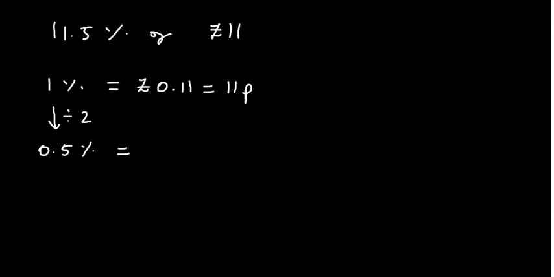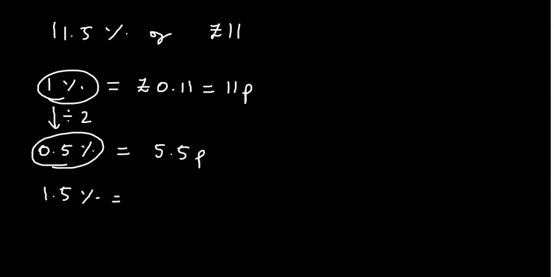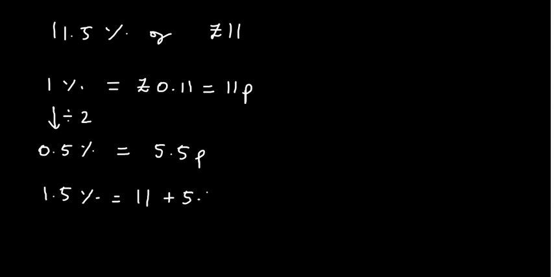Obviously you can't have a decimal amount of pence, so that would be 6 pence, or we can just write 5.5 for the time being and then round at the end. And that means that 1.5% would just be 1% plus 0.5%, so 11 pence plus 5.5 pence, which is 16.5 pence.